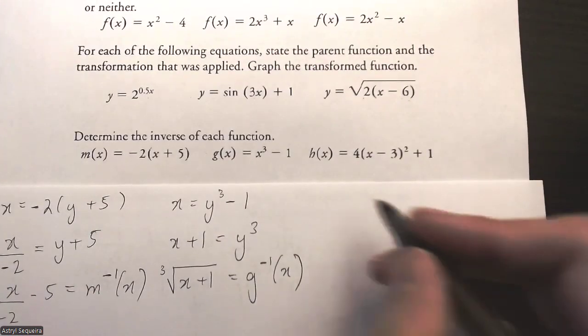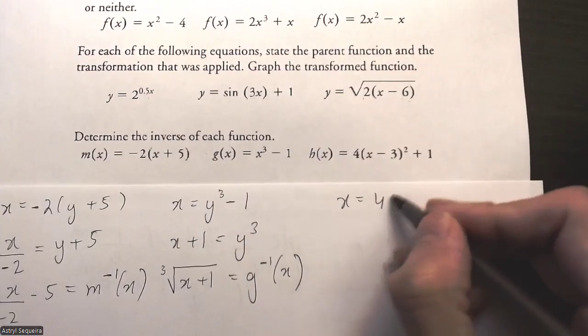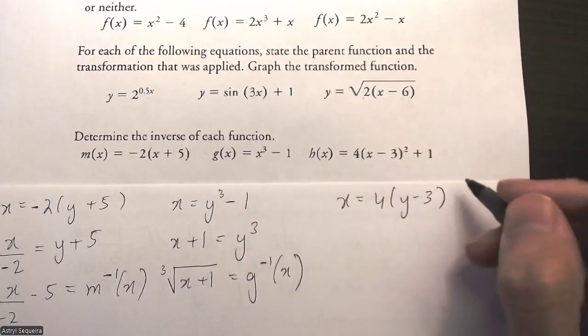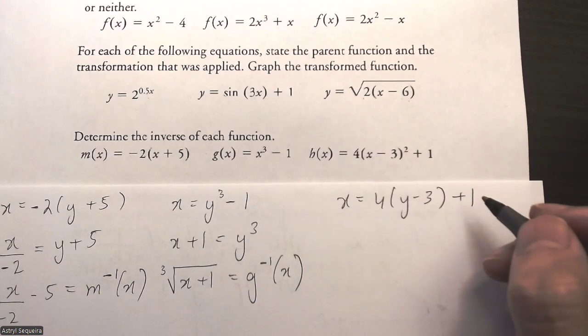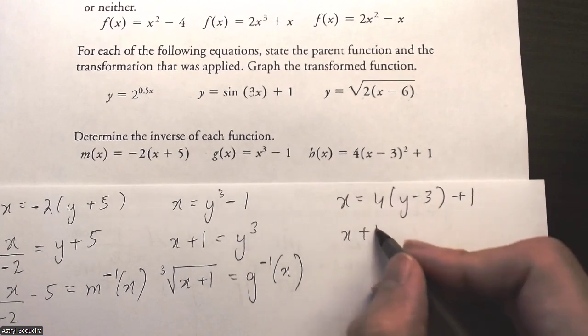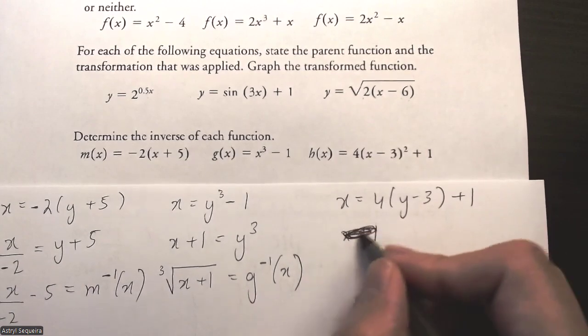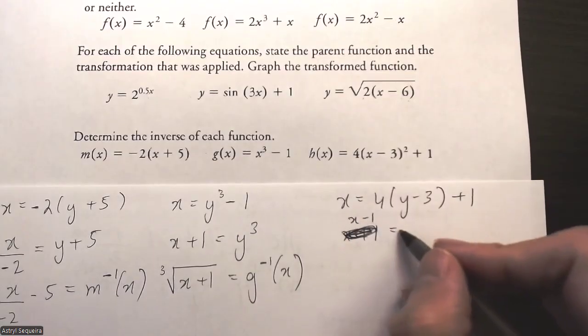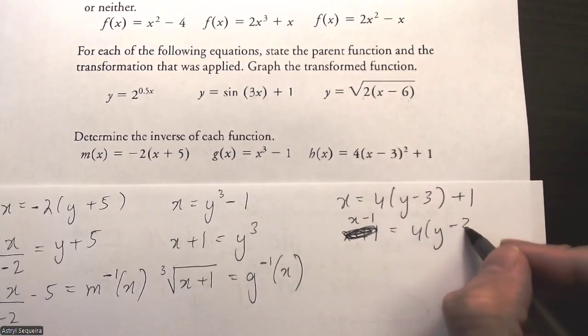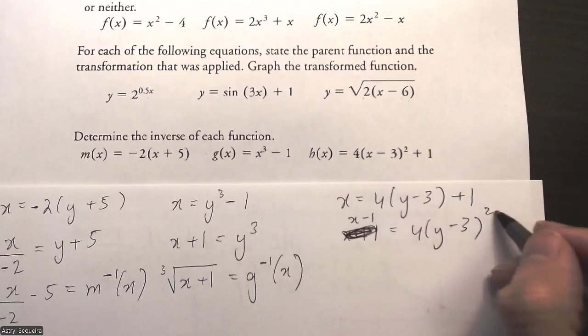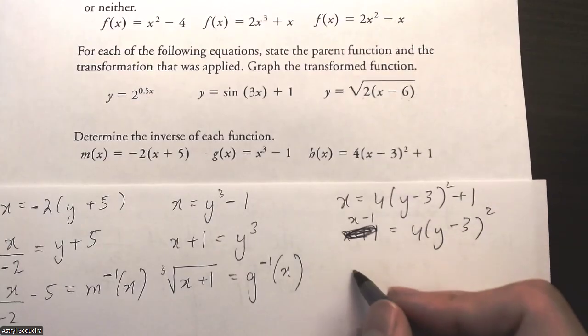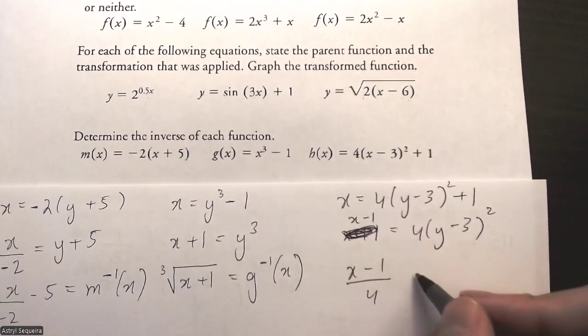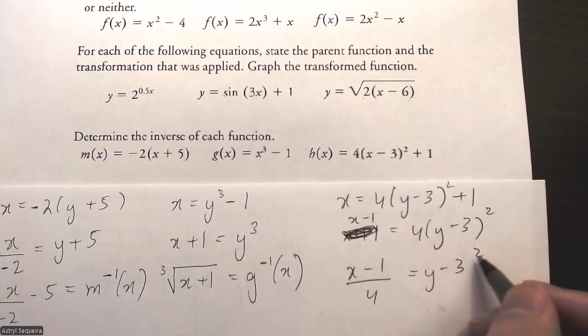Last one there. x equals 4(y minus 3) squared plus 1. x minus 1 equals 4(y minus 3) squared. (x minus 1) over 4 equals (y minus 3) squared.